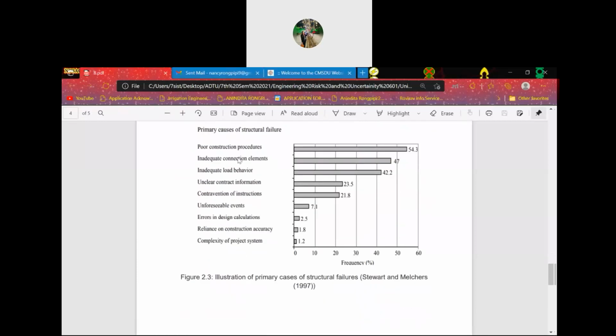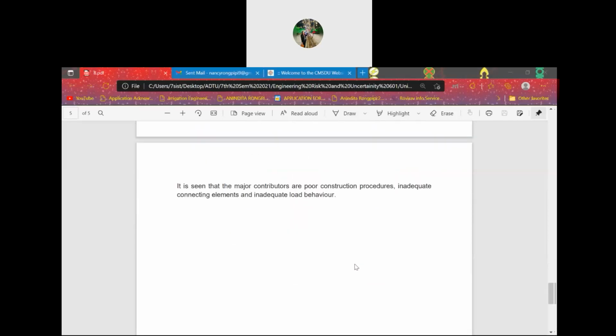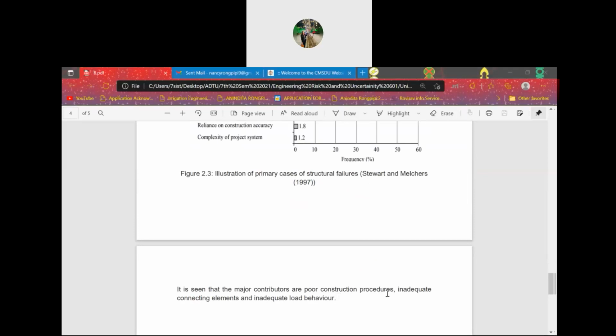The primary causes listed here are complexity of project system, reliance on construction accuracy, errors in design calculations, unforeseeable events that cannot be predicted, contravention of instructions, unclear contract information, inadequate load behavior, inadequate connection elements, and poor construction methods or procedures. It is seen that the major contributors are poor construction procedures, inadequate connecting elements, and inadequate load behavior.